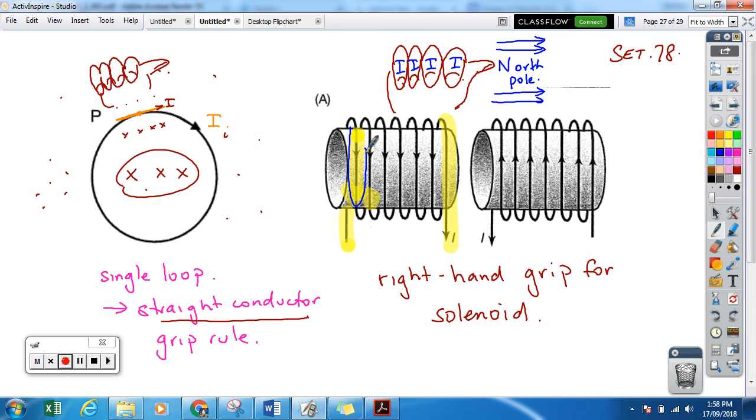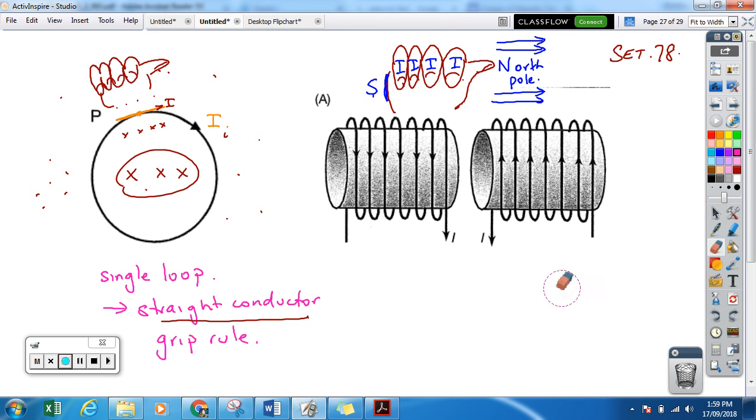You have one finger there, another finger there, your palm would be behind, and your thumb would be pointing this direction. So this end would be the North Pole, and the flat part of your palm would be the South Pole. I just want to run through that one more time so you've got it.